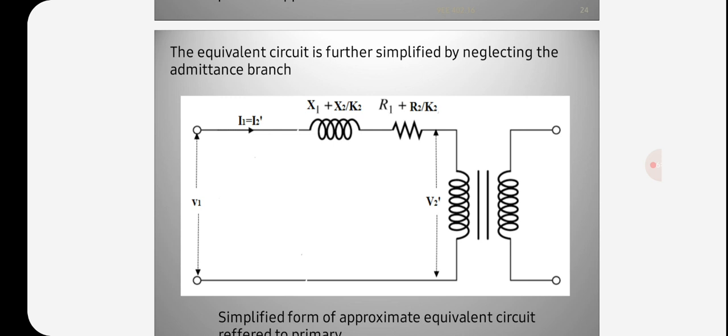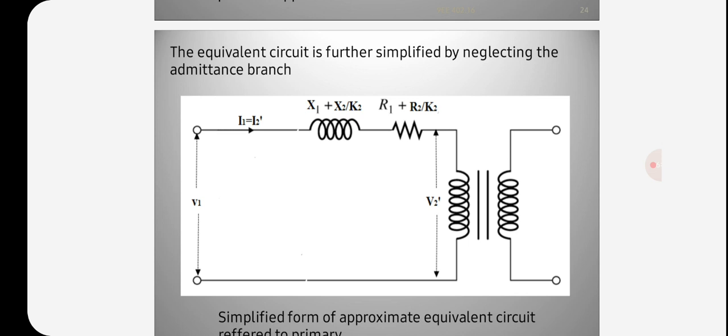Which affects the operation of the fluorescent tube, TV sets, refrigerator, motors, etc. Hence, the lesser the regulation, the better the transformer, because a good transformer should keep its secondary terminal voltage as constant as possible under all load conditions.